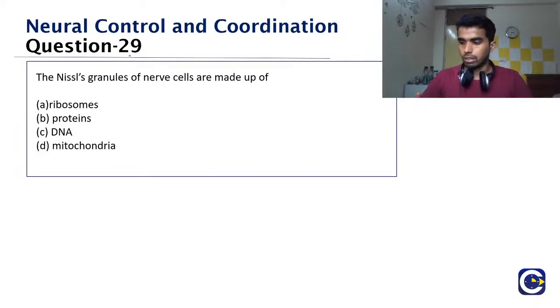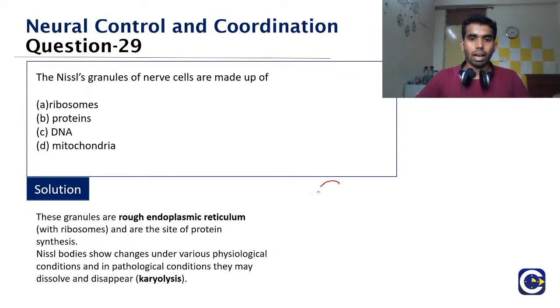Now question number 29. The Nissl's granules of the nerve cell are made up of. So this is the axon, and in it certain granules will be seen under the microscope. And this is the dendrites.